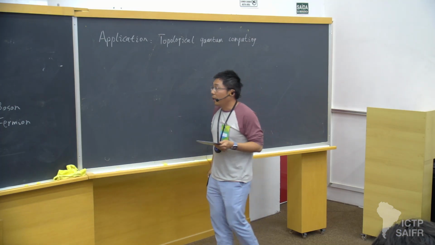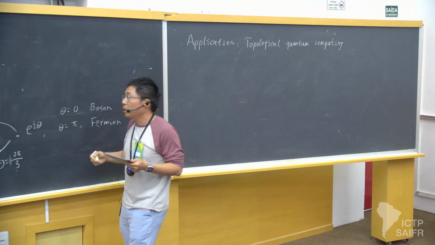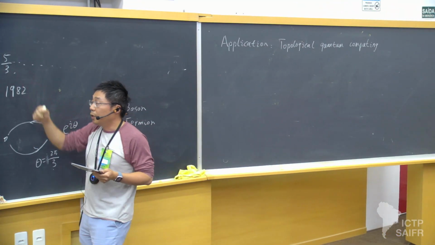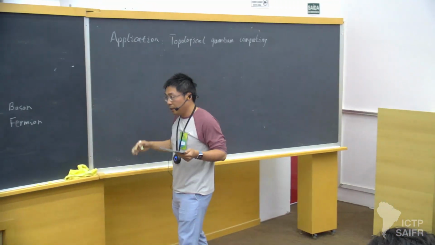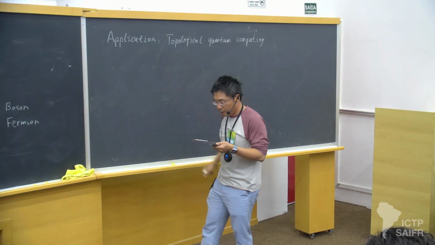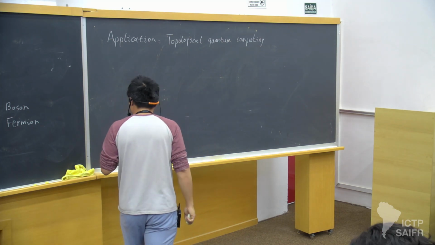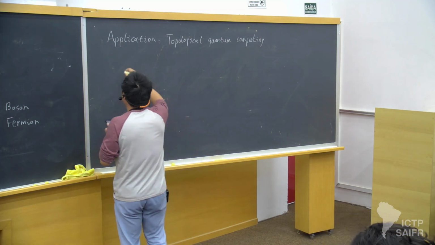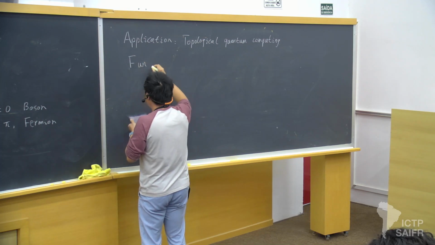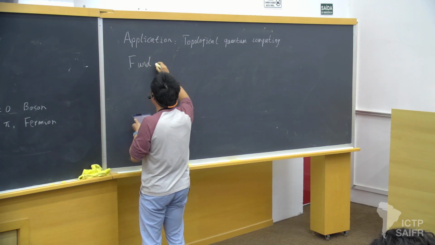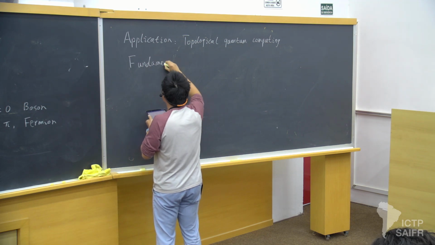And to build that, we want to make use of the so-called topological order or topological quantum field theory. And the fractional quantum Hall effect is really the most promising platform for realizing this topological quantum computing. And so I'm a theorist, so for me, quantum Hall is something that has a lot of fundamental importance.